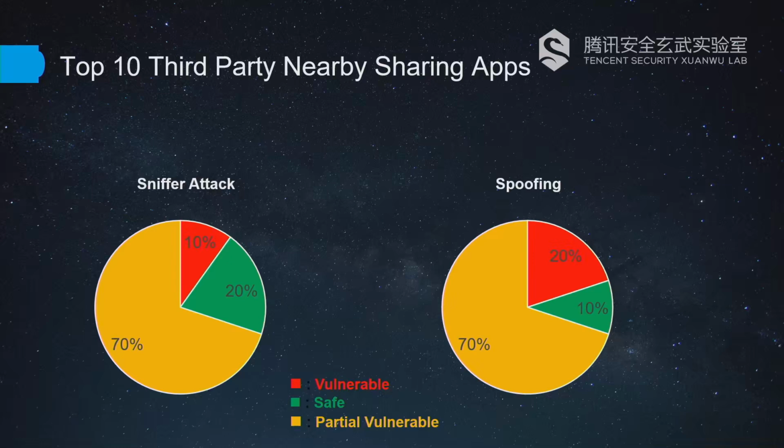Then we did a security survey for the top 10 third-party nearby sharing apps, and the results are shown here. Most of them are vulnerable too. Only 20% of them can prevent sniffer attack, and only 10% of them can prevent spoofing.